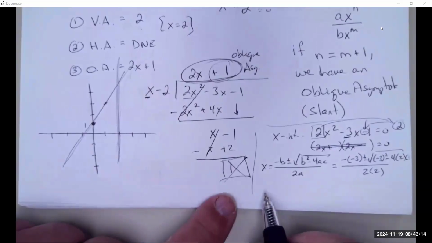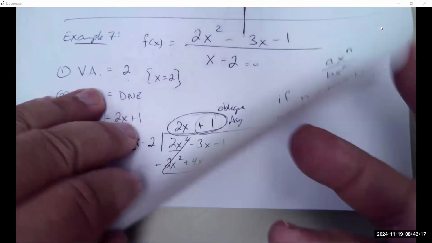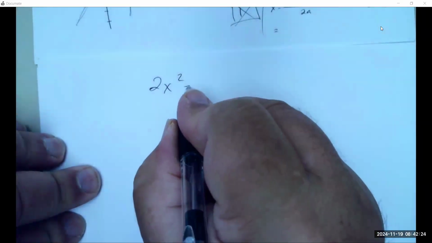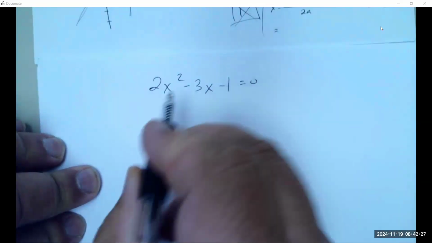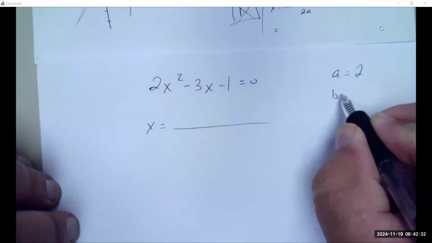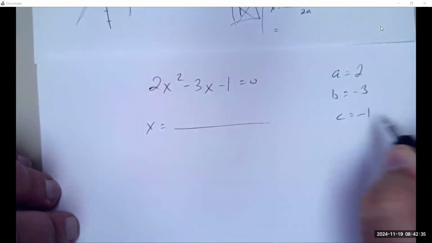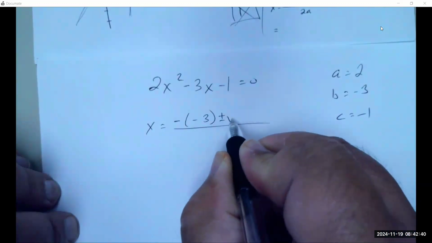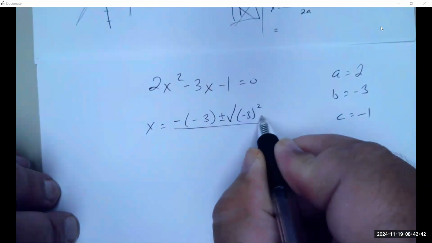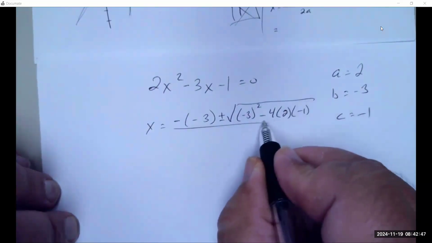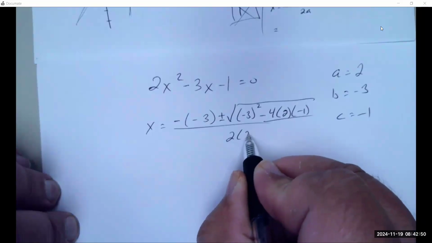Over 2 times 2. Let me put this on the next page. So we have 2x squared minus 3x. A equals 2, B equals negative 3, C equals negative 1. So we have negative of a negative 3 plus or minus the square root of negative 3 squared minus 4 times A times C, over 2A, which is 2 times 2.